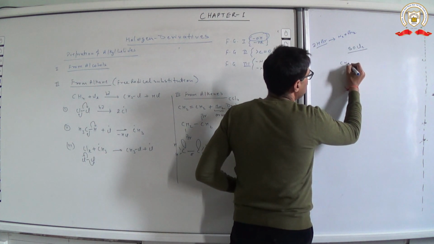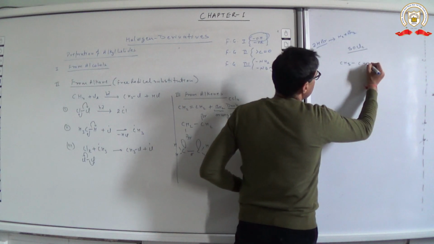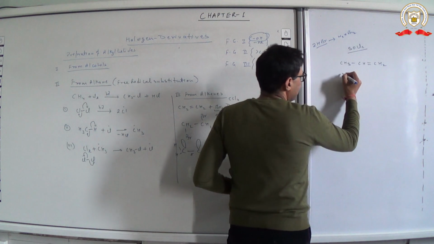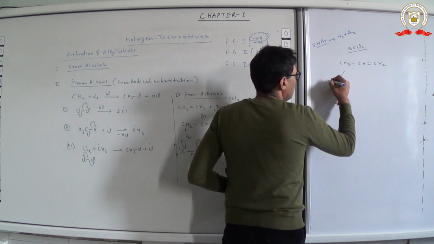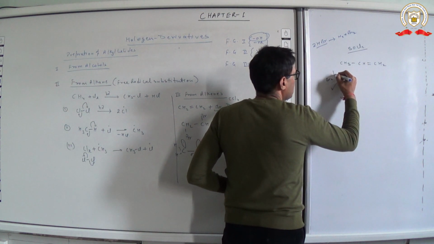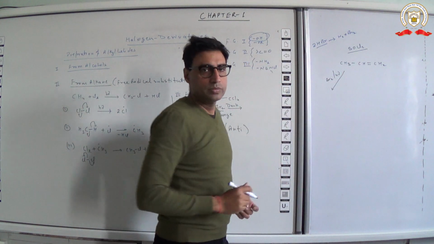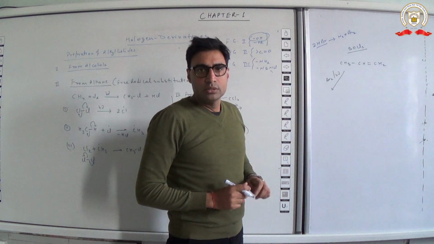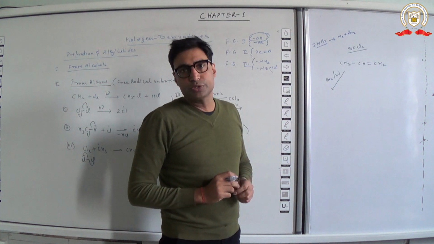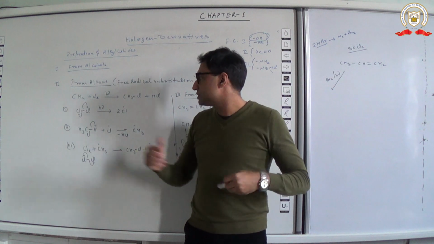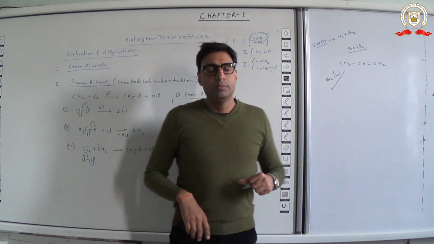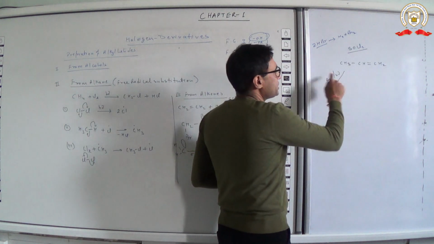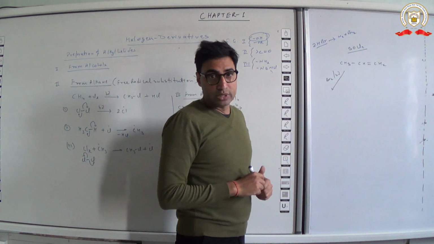Suppose I have a compound CH3 CH double bond CH2, and I am reacting this with Br2 in the presence of sunlight. Dear students, when I write Br2 in the presence of sunlight, that basically means substitution is going to occur. As I told you, in the presence of sunlight it is always substitution, but in dark it is always addition.